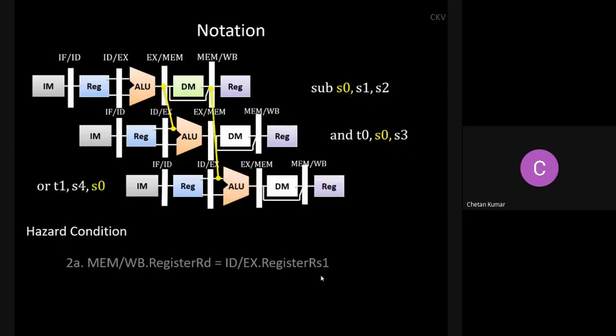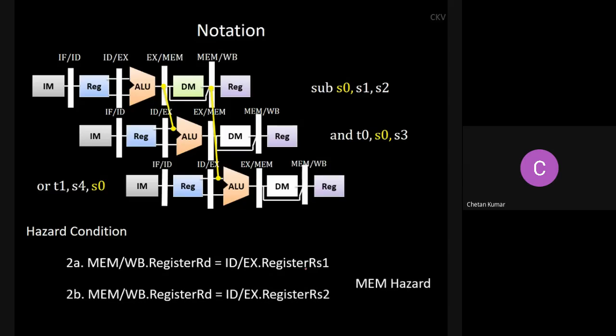Similarly, for the MEM hazard, they give these two as conditions. If you just go through these conditions and this explanation, it will be very difficult to understand. So you need to visualize how exactly the pipelining works. I have made some attempt to explain the pipelining concept with the help of visualization.